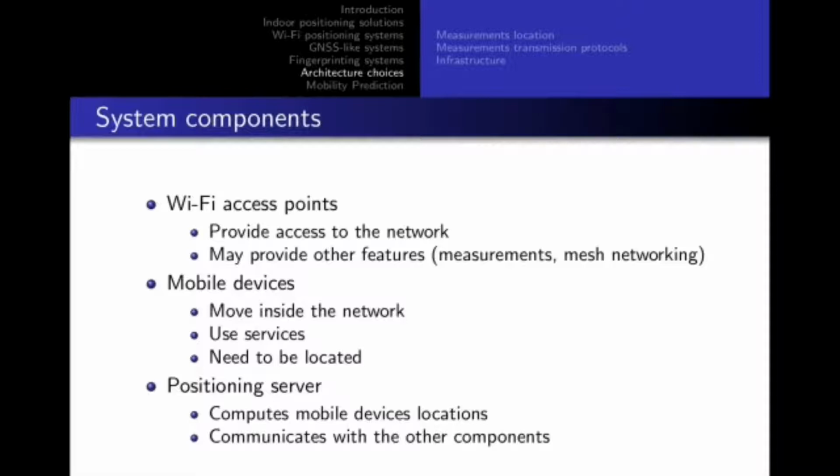So first we have to think about what the system components will be. First we have Wi-Fi access points which provide access to the network and may also provide other features such as measurements, mesh networking, and so on. Then we will use mobile devices which will move inside the network, use some services, and due to those services they will need to be located.